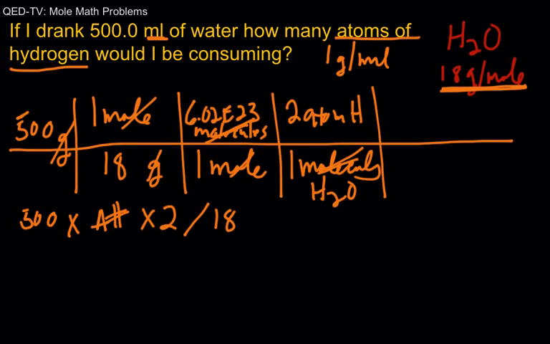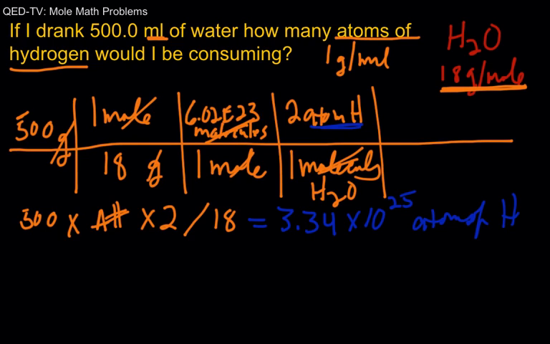And if you do that on your calculator, you should get a big number, right? We're trying to find atoms of hydrogen. Those are very small. We're looking for a really big number. So 3.34 times 10, or E, to the 25th atoms of H. And that's how we do a mole math problem.